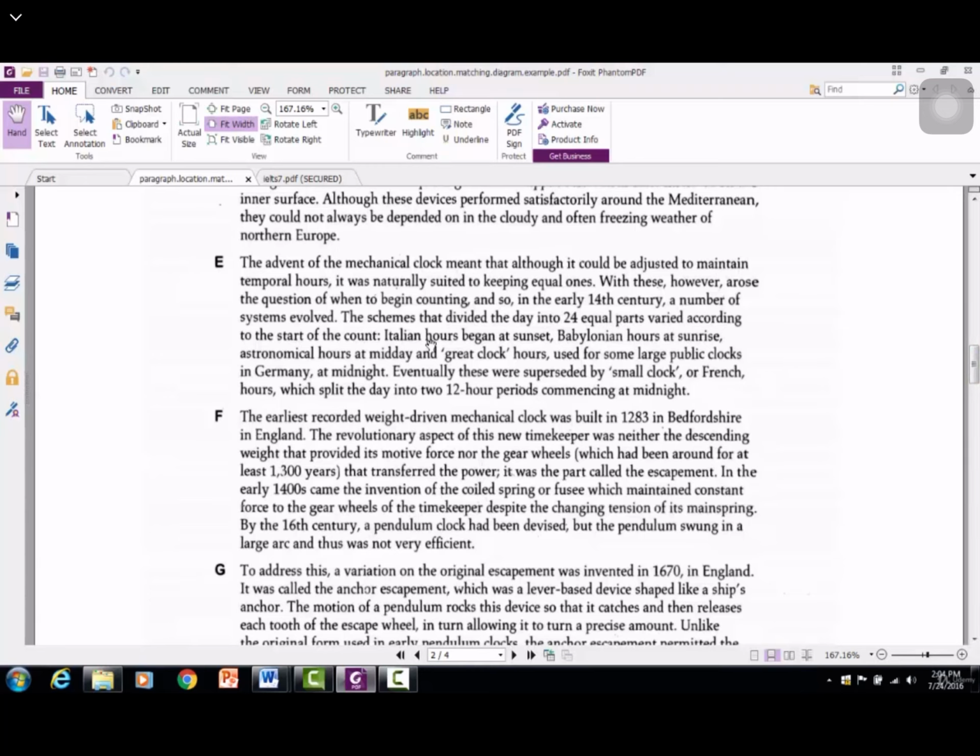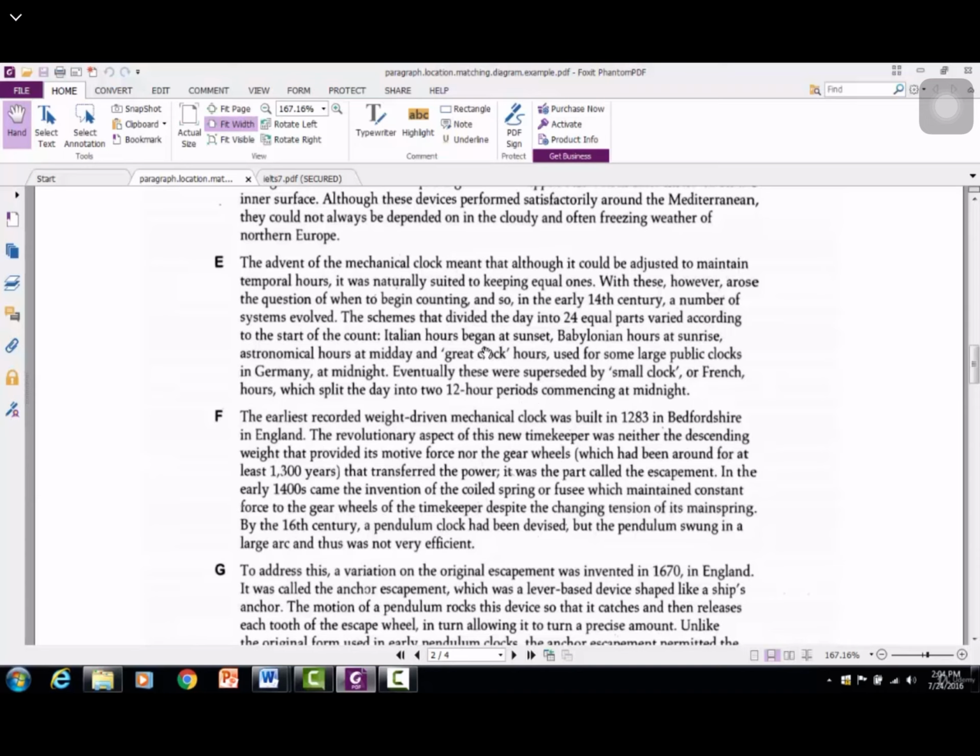So the sentence says, Italian hours begin at sunset, Babylonian hours at sunrise, astronomical hours at midday, and great clock hours used for some large public clocks in Germany at midnight. Eventually, these were superseded by small clock or French hours, which split the day into 2 12-hour periods, commencing at midnight.